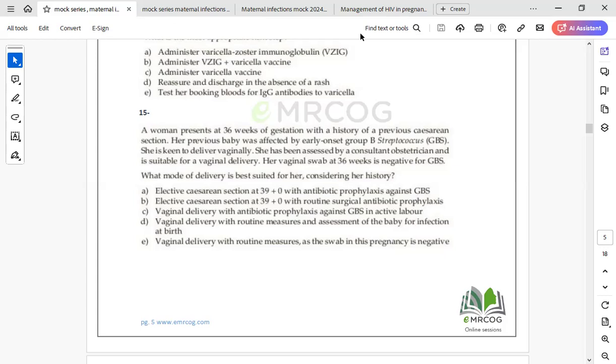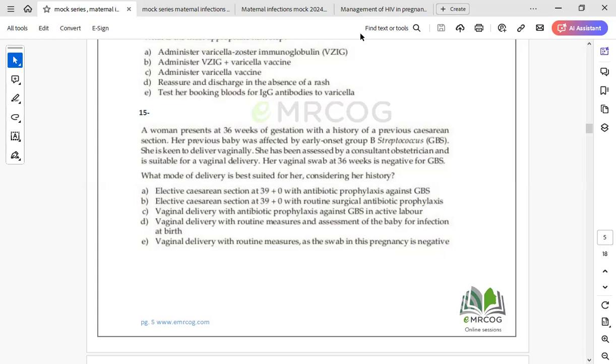So you are all solid about it, and you are right. You are right, guys. MashaAllah. So they tricked you with having a negative vaginal swab.